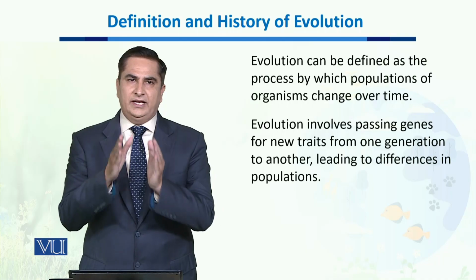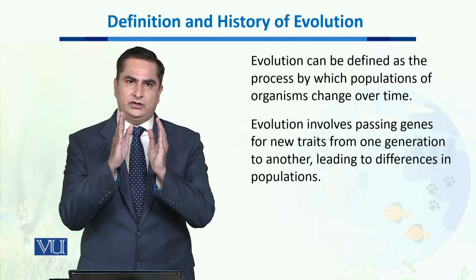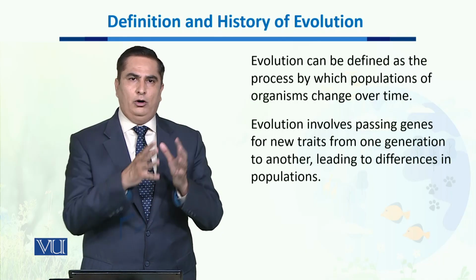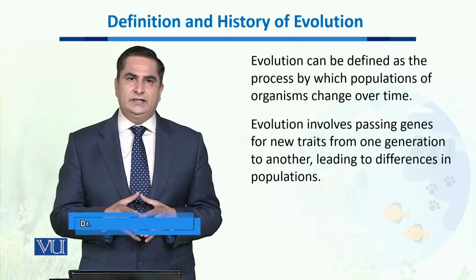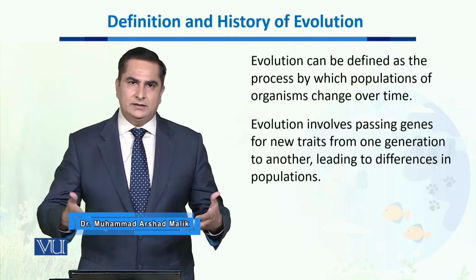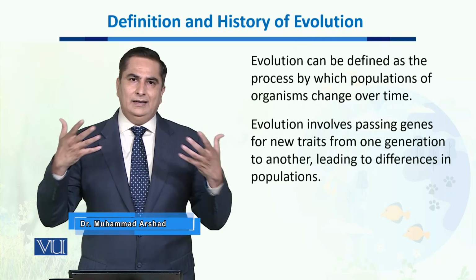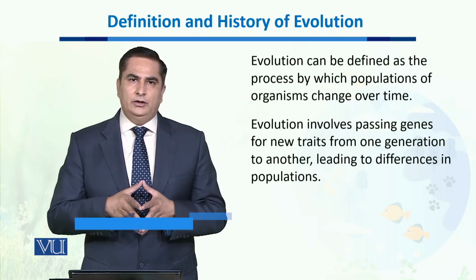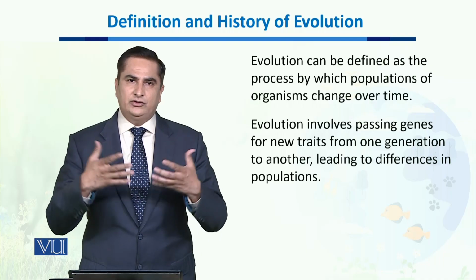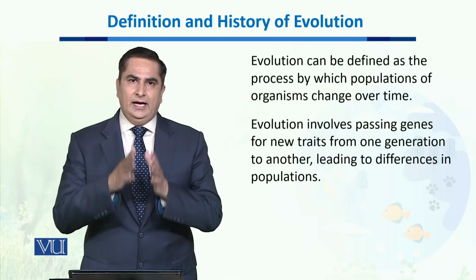This is not a very small change or a change which took place in one organism. These are the changes which take place in the overall population over a large period of time, including centuries or thousands of years.